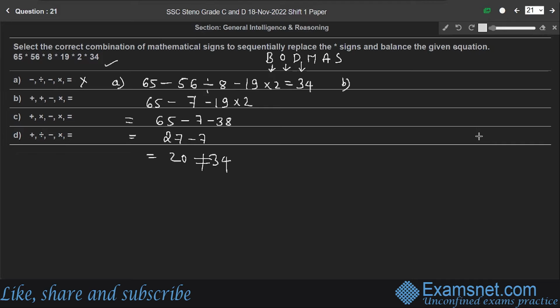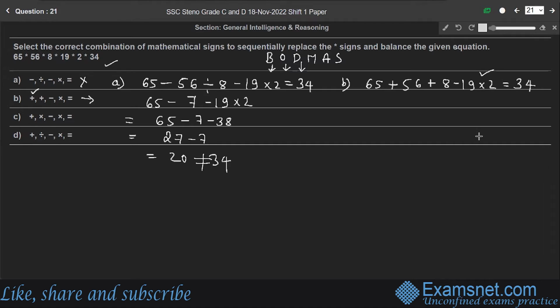We'll consider option B. Considering the signs in this order instead of the asterisk signs: 65 plus 56 plus 8 minus 19 into 2 should be equal to 34. Again, by the BODMAS rule, there is no bracket, of, or division part.